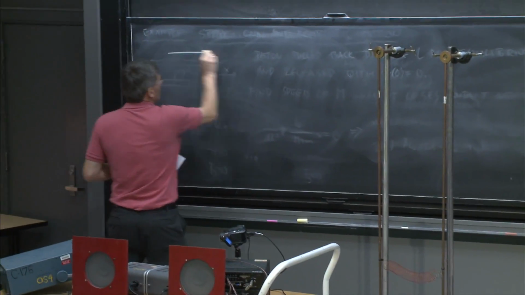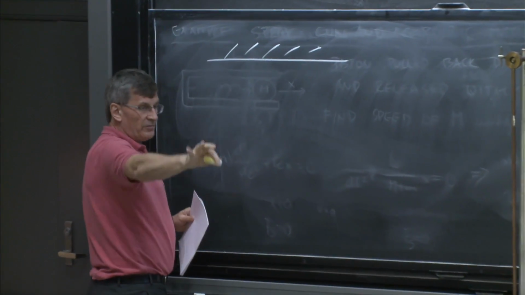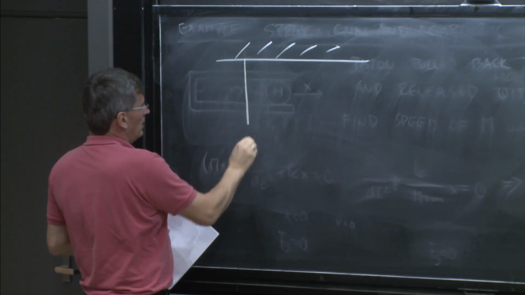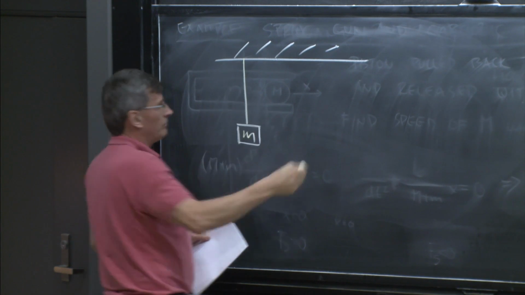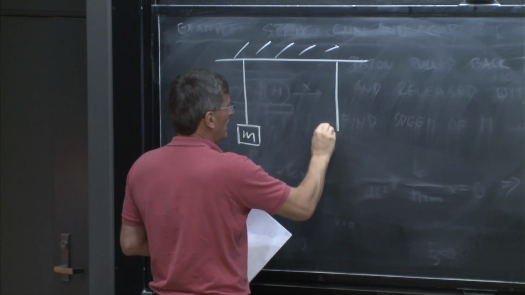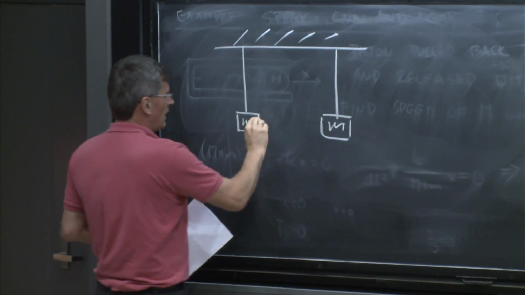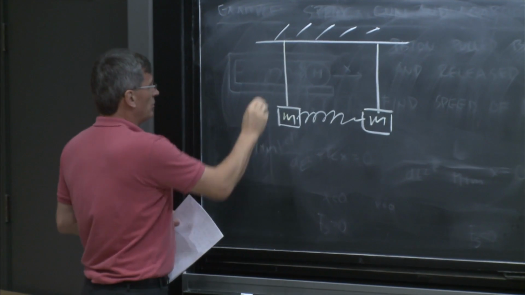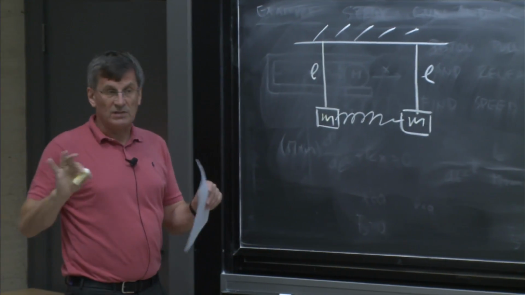So let's try to convert this physical system into a set of equations. We have a mass m hanging from a fixed support, and another mass, the same mass for simplicity. We connect them with a spring, and we know everything about the system. We know the length of each of those pendula, which is the same.